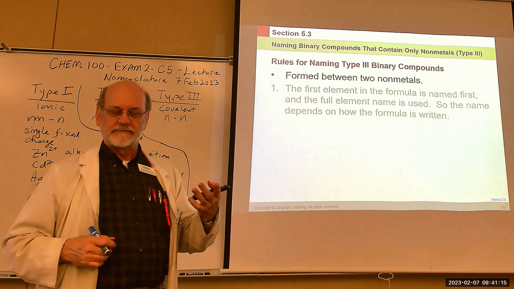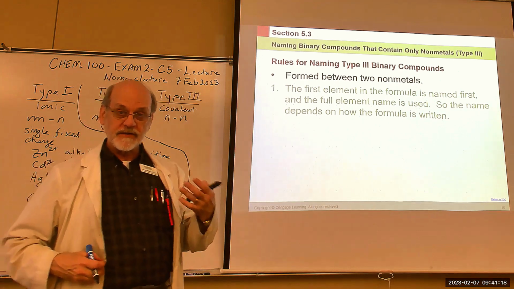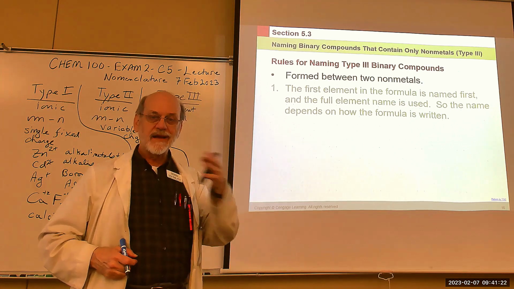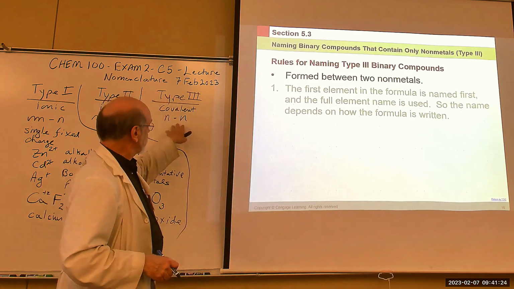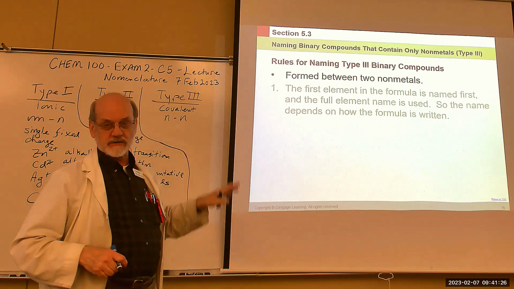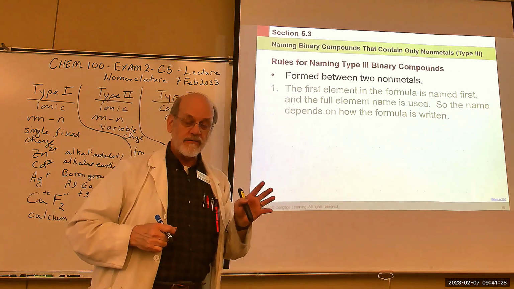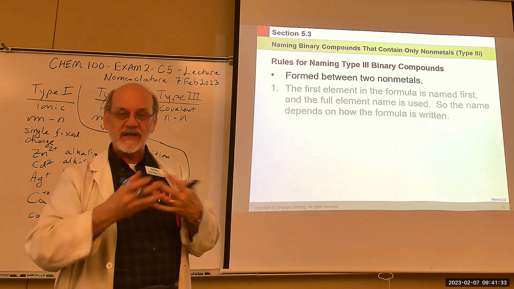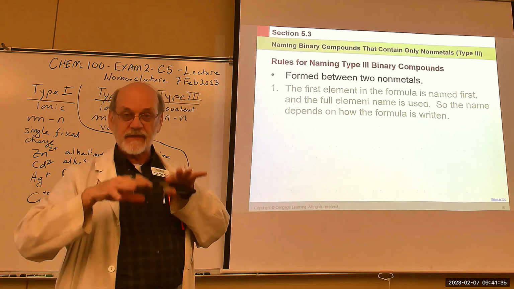Here's the problem. Our naming convention up to this point has been metal, non-metal, which means cation, anion. But these do not have charges. Since they don't have charges, we can't work with balancing charges to determine how many of each one is in the compound.